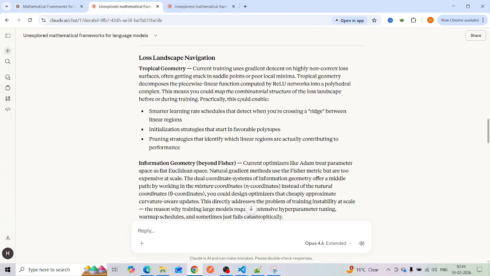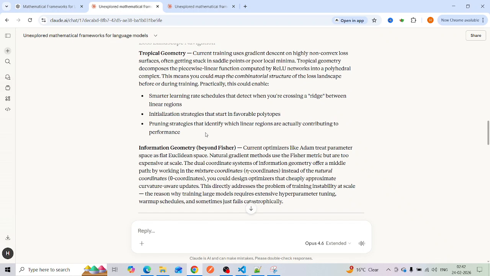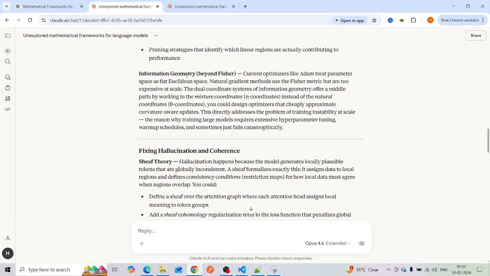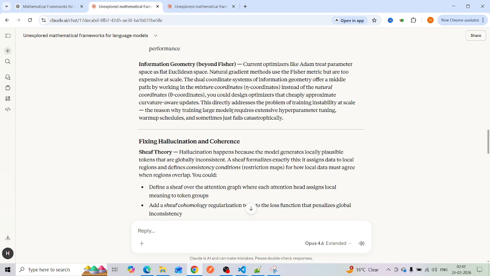Practically this could enable smarter learning rate schedules that detect when you are crossing a ridge between linear regions, and initialization strategies that start in favorable polytopes. Then information geometry beyond Fisher addresses why training large models requires extensive hyperparameter tuning, warm up schedules, and sometimes just fails catastrophically.